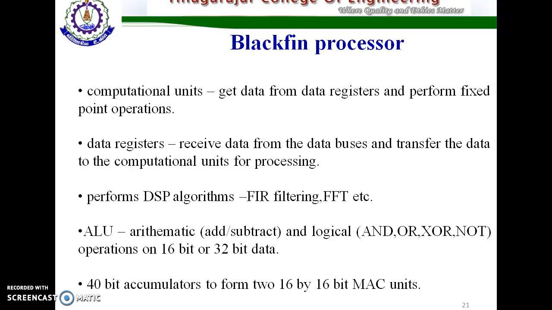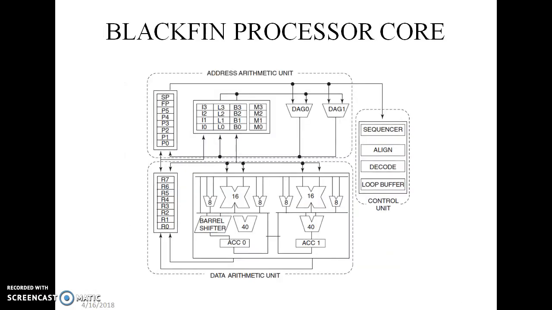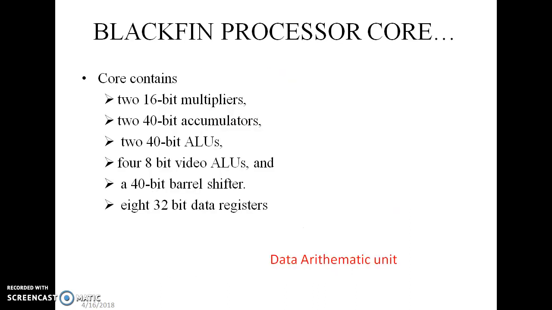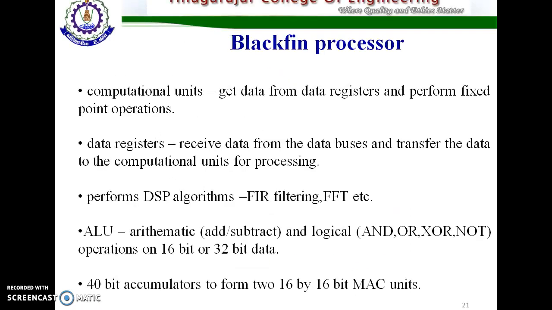It has computational units for getting data from data registers and performing fixed point operations. That is, data is gathered from the data arithmetic unit and processed as fixed point operations. The function of data registers is to receive data from the data buses and transfer it to the computational units for processing. It performs DSP algorithms, FIR filtering, FFT, and so on.